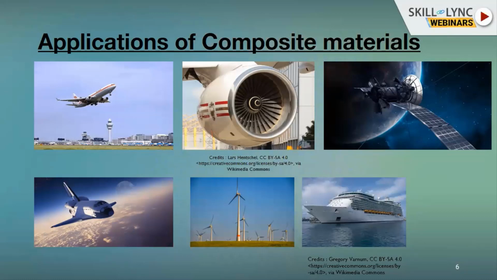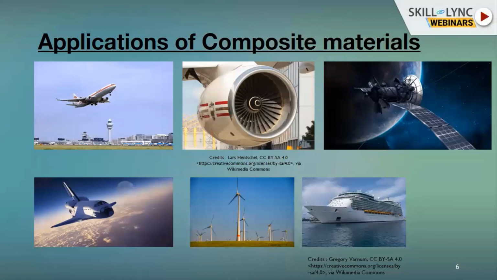so it makes a very suitable material for application in aircraft. And next are some of the engine components, where the requirement is to have very low weight but high strength, especially the fan blades and the nacelle components, which are made up of composite material.